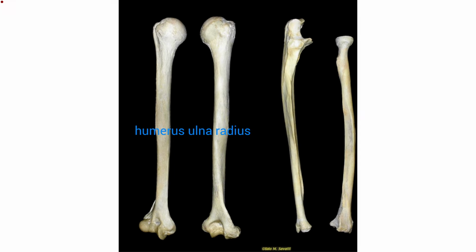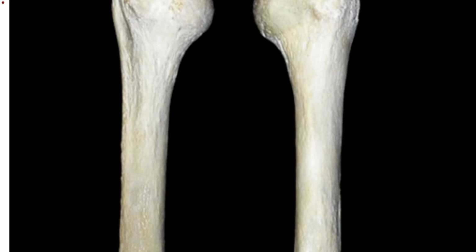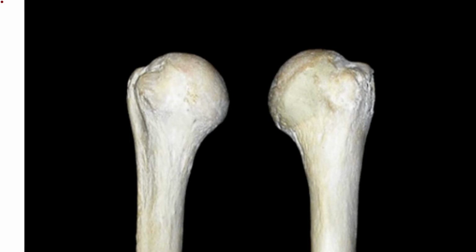Now, what I'm going to do is zoom in because this gives you a better picture of some of the processes and depressions than some of the other bones. So here you can see the head of the humerus here. You can see greater tubercle here, lesser tubercle here.